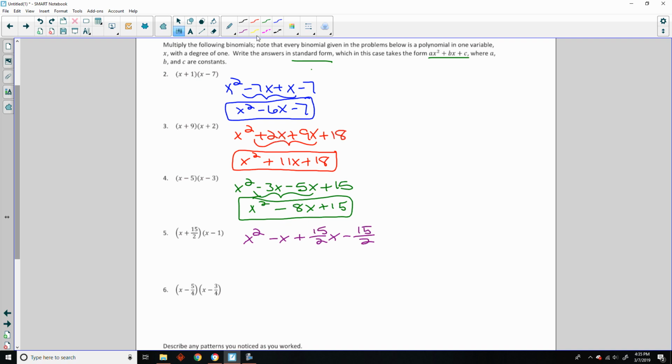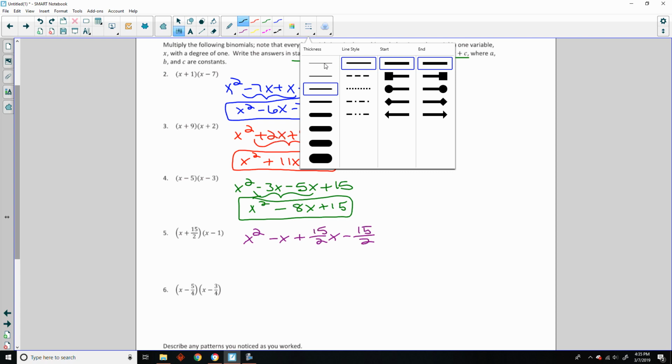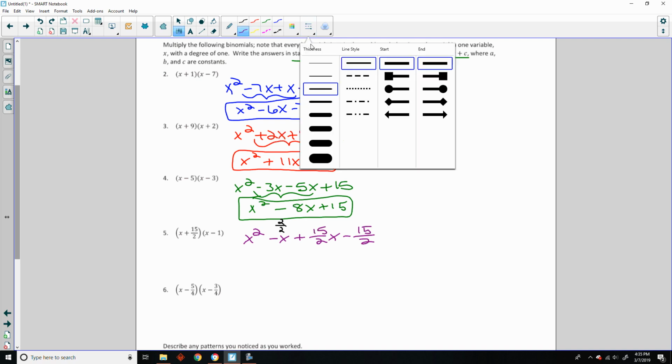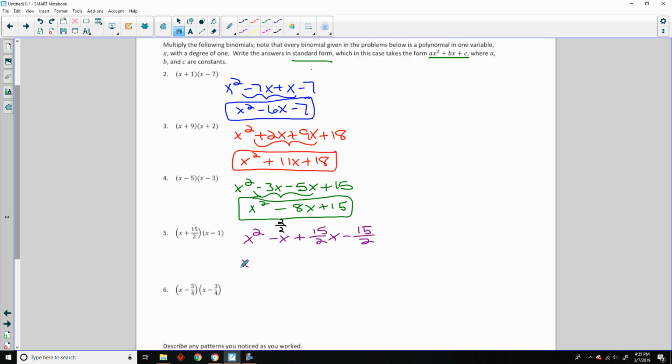So keep in mind that when we have fractions, the only way we can add them is if we have the same denominator. So I put a 2 here, and this is a 1, so we all know that 2 over 2 is 1, so pretend that's right in here. All right, now we're going to continue. X squared is my first term.